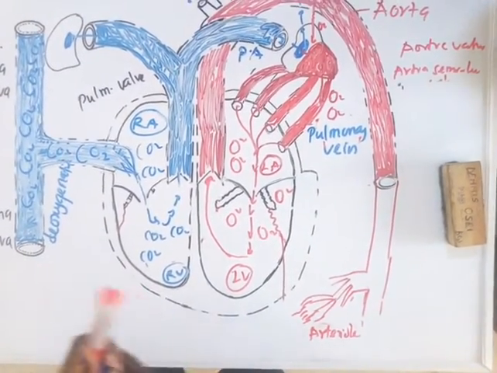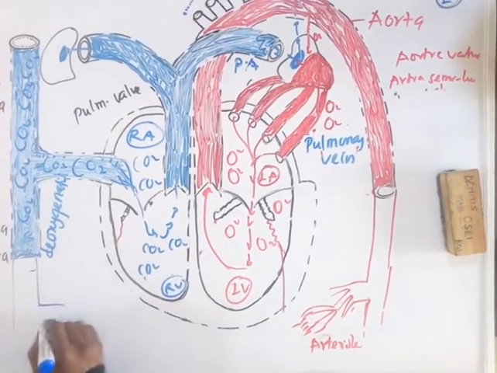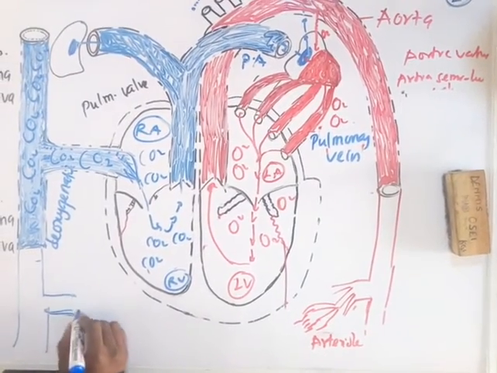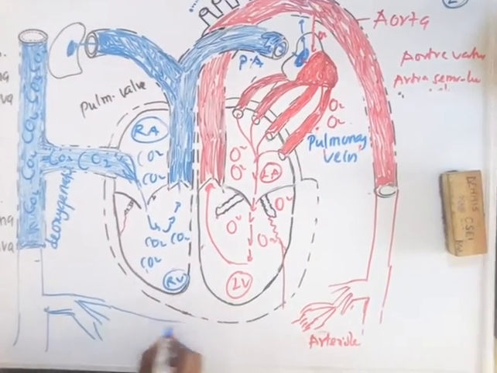And for the veins, from the vena cava, which is the major vein, you have medium size veins, then small size veins, and then venules.